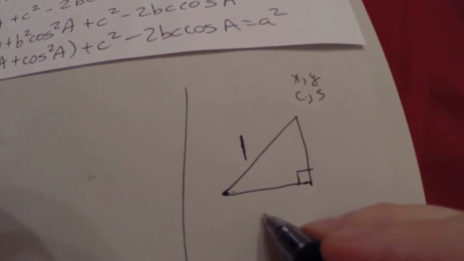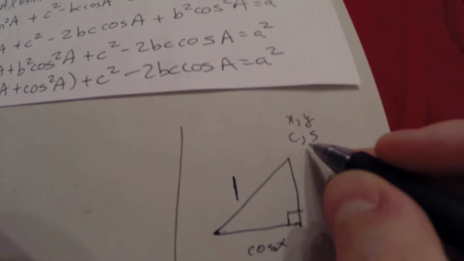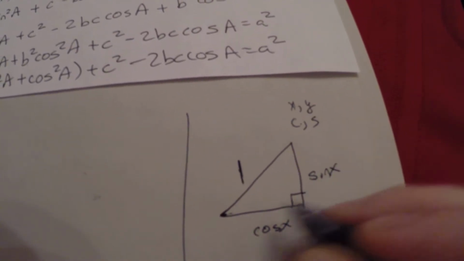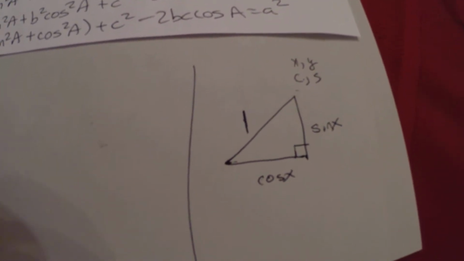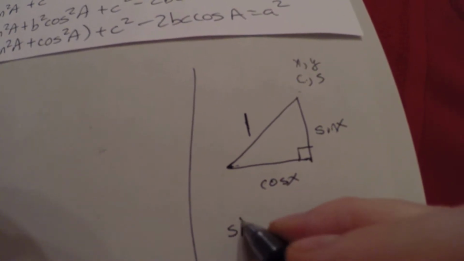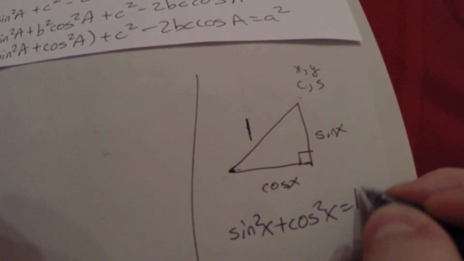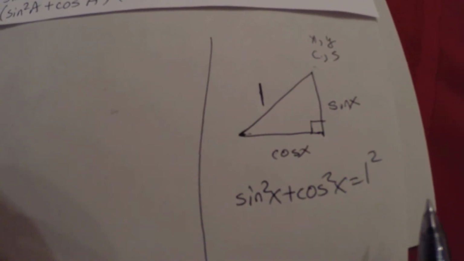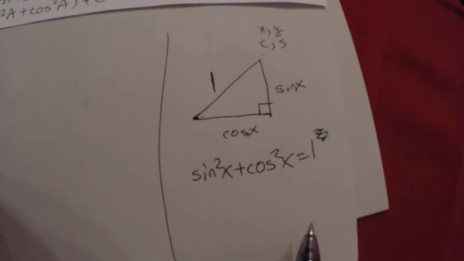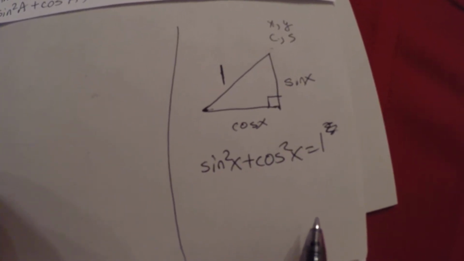So cosine is x and sine is y. What kind of triangle do I have here? Yes, I have a right triangle. Hence, sine squared plus cosine squared equals 1 squared by the Pythagorean Theorem. So that's why when we simplify this, that just goes away. Sine squared plus cosine squared is 1.